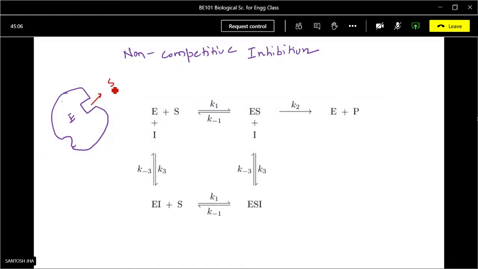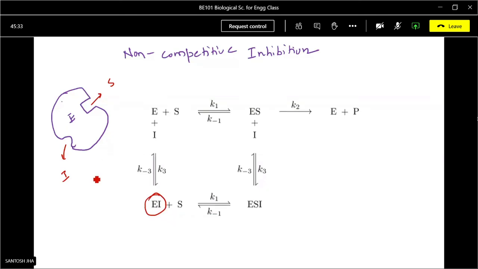This site is for the binding of substrate and this is the site for the binding of inhibitor. So basically in non-competitive inhibition, there are separate sites for the binding of substrate and inhibitor. After the binding of this inhibitor with the enzyme, there is a formation of enzyme inhibitor complex.